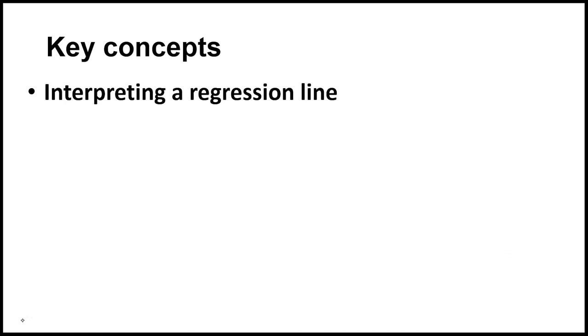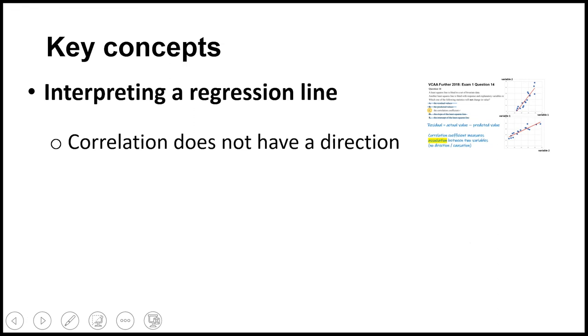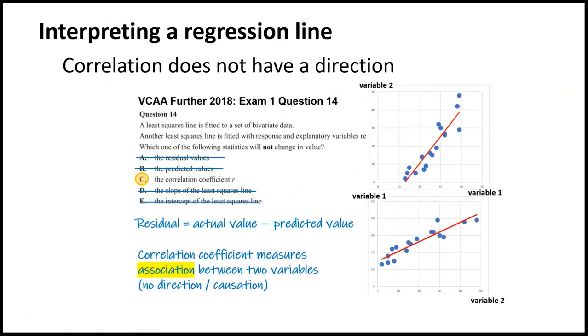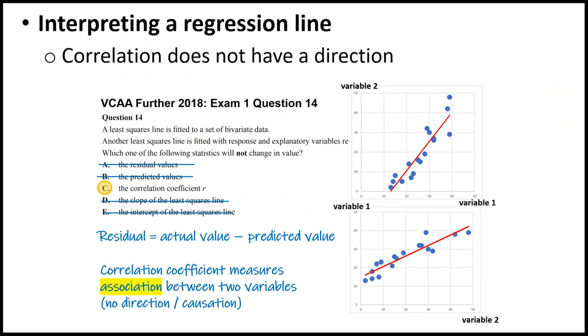Alright, let's quickly recap the key concepts, and they're really all to do with this concept of interpreting a regression line. The first one was that correlation does not have a direction, so if we swap the x and the y variables, the correlation coefficient is not going to change.